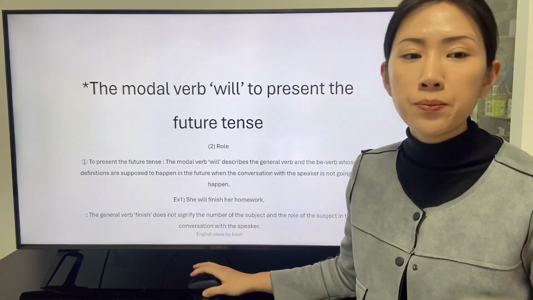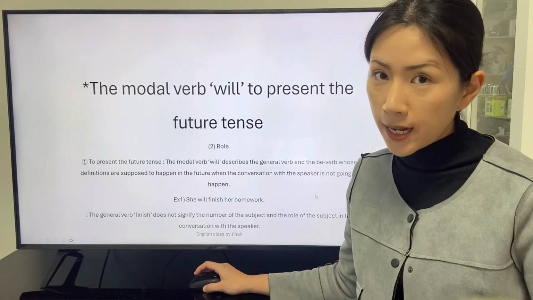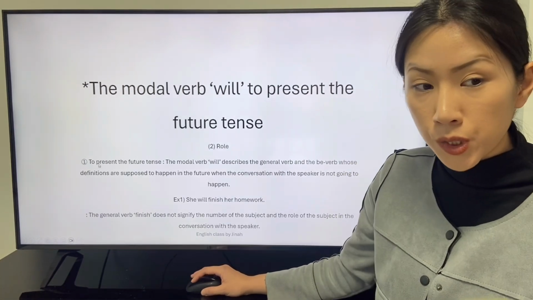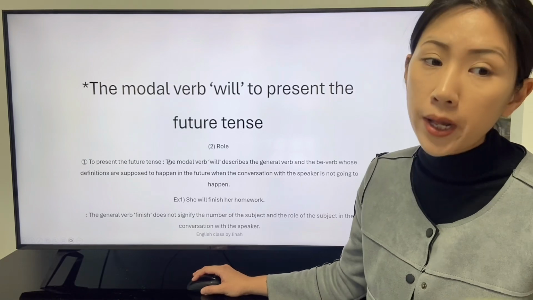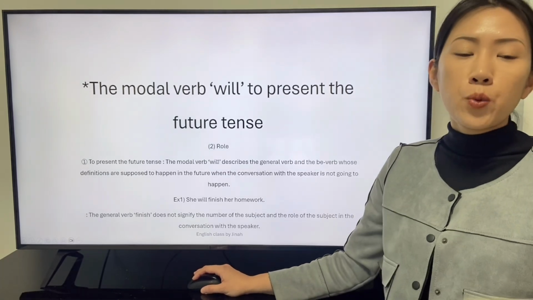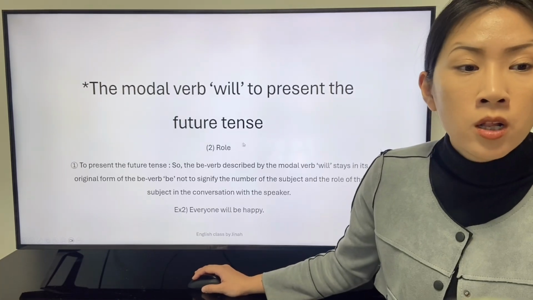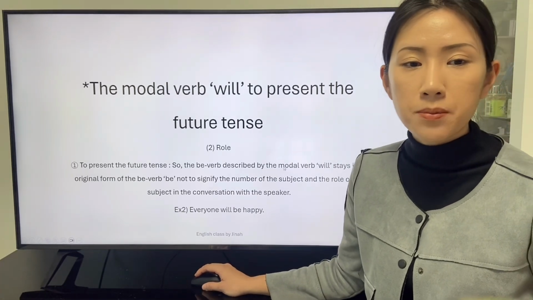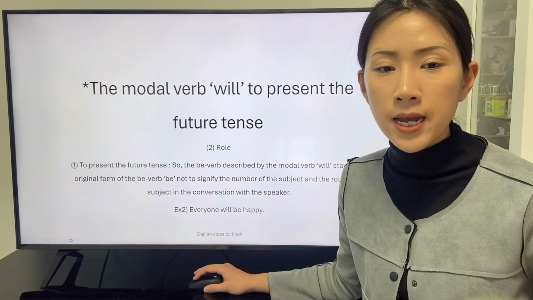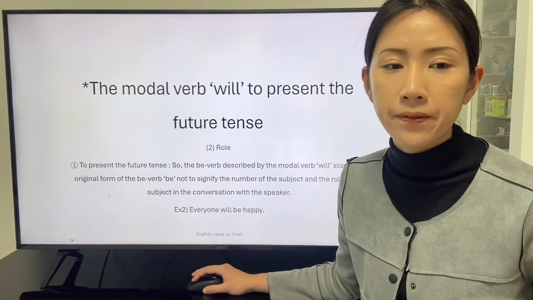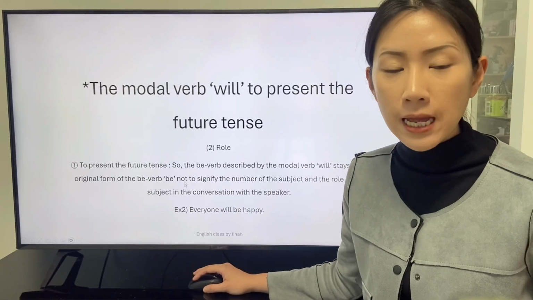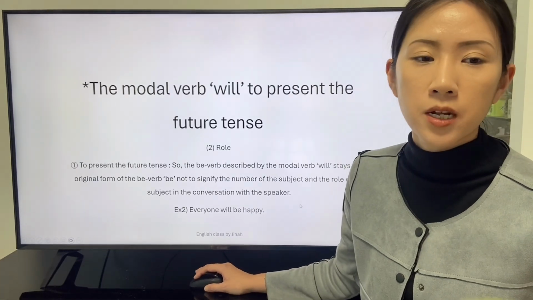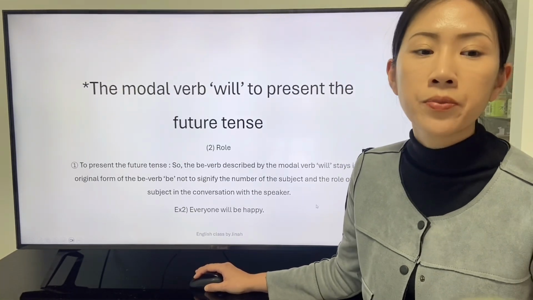The modal verb will to present the future tense with the be-verb has a role to reveal the future tense as well. The modal verb will has a role to present the future tense. So the be-verb described by the modal verb will stays in its original form, be, not to signify the number of the subject and the role of the subject in the conversation with the speaker.